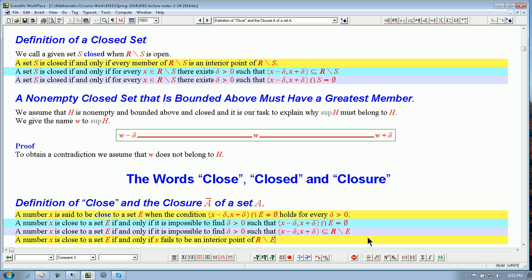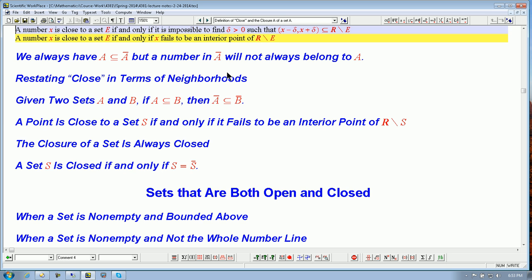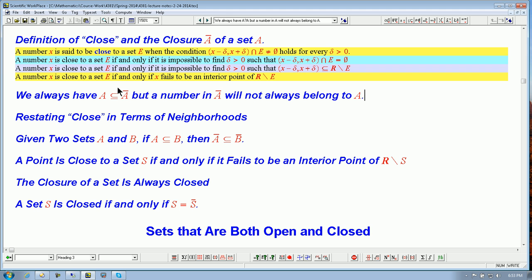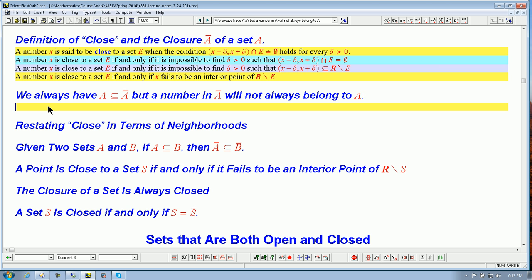Any questions? No? All right, so I'm now going to make some statements. Suppose that A is a set of numbers. All our sets are sets of numbers until further notice.